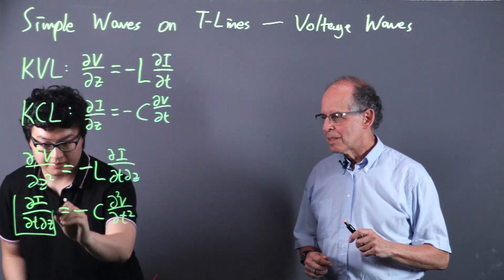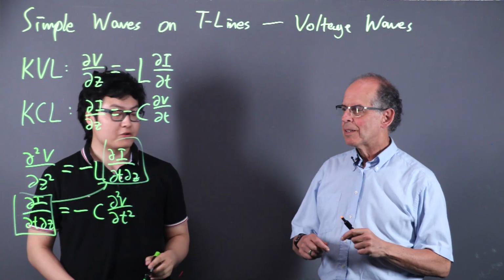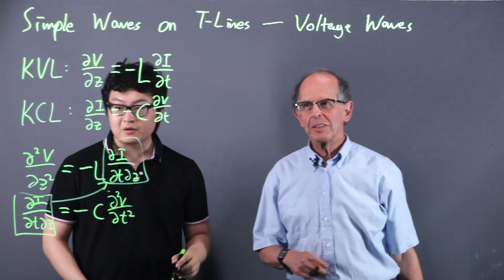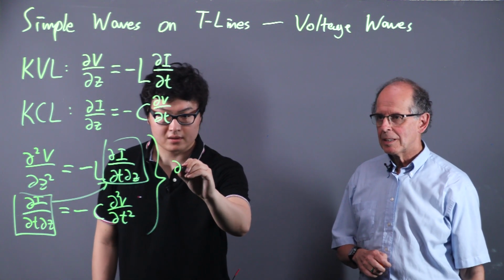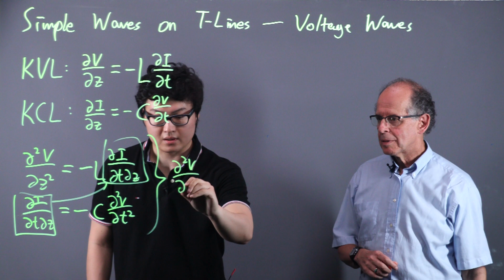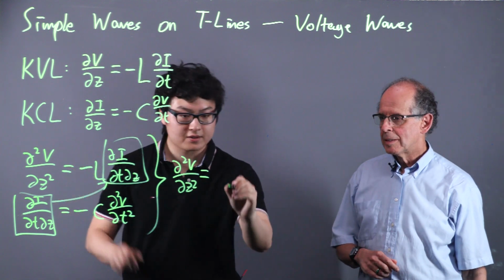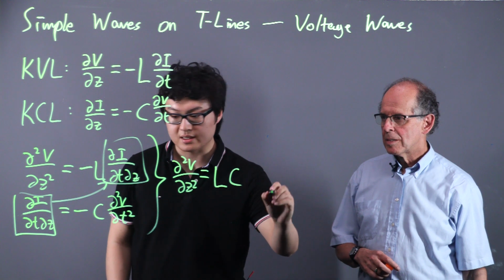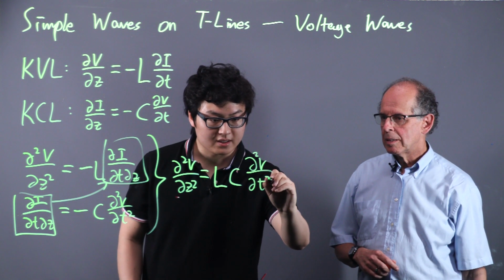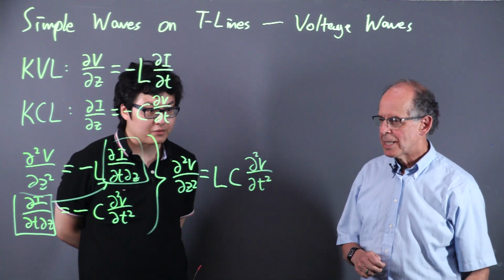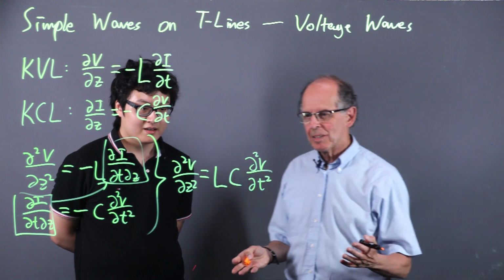We can just make this substitution. Let's see what the voltage equation looks like. So I'll just write it here. d squared V dz squared, the negatives cancel, you have L C d squared V dt squared. Does this look right to you? Yeah, perfect. Now, how do we get waves out of this?